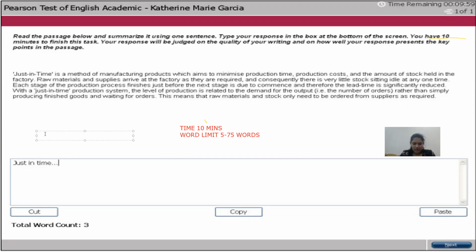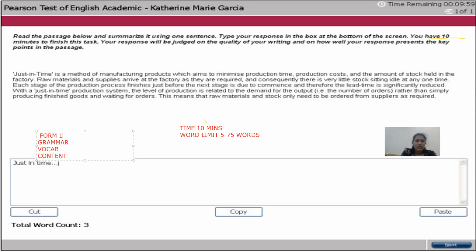Also guys, one more thing, marks are allocated to form, grammar, and marks are allocated to vocabulary. So vocabulary is nothing but important keywords if you write them down. So grammar is important, form is important, content is also important.